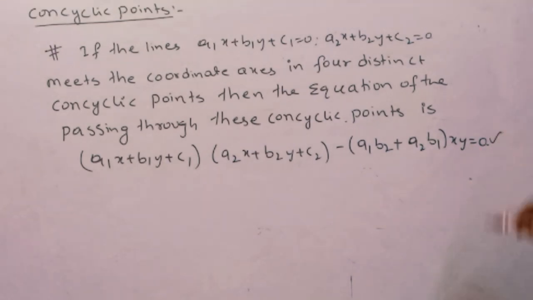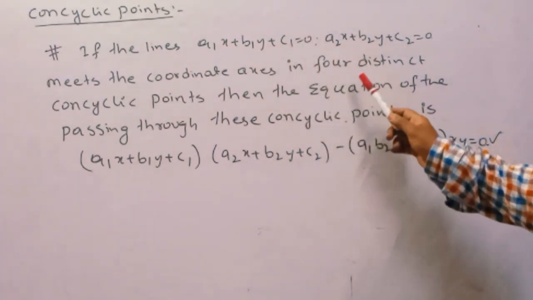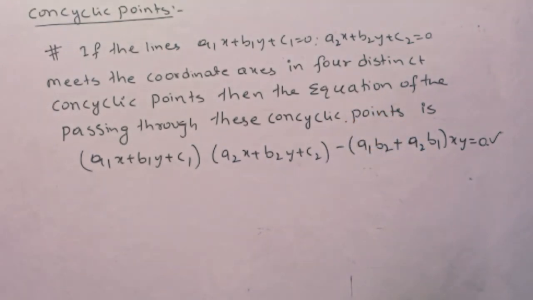This is the circle equation passing through these lines which pass through the concyclic points.